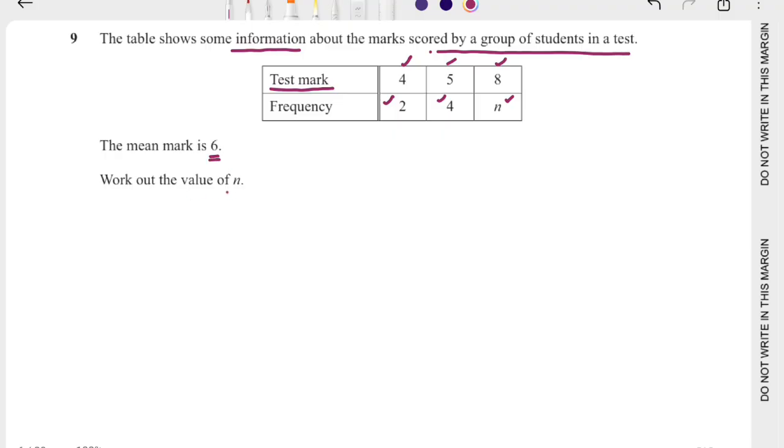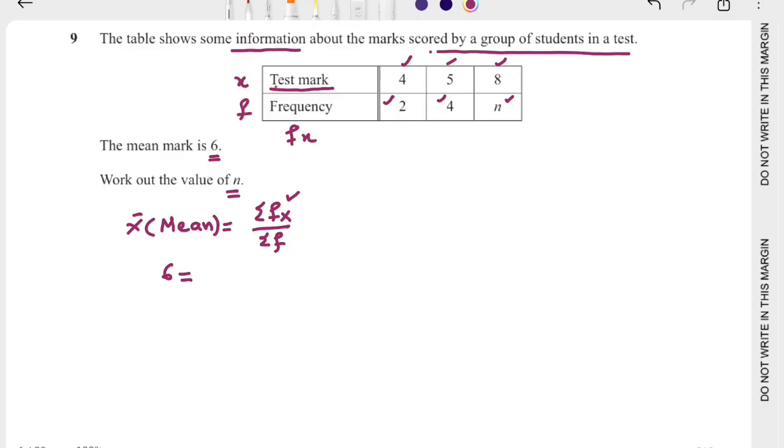Work out the value of n. We know that mean is denoted by x bar and that is equal to sigma fx over sigma f. Here mean is given, that is equal to 6. Now we have to find out sigma fx. We'll multiply f with x.